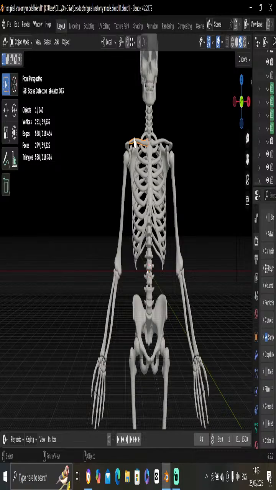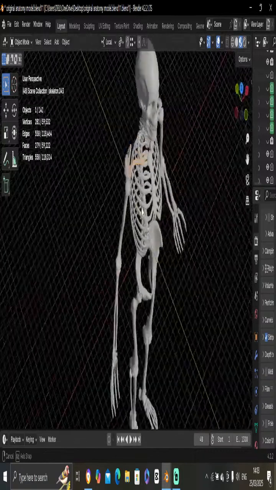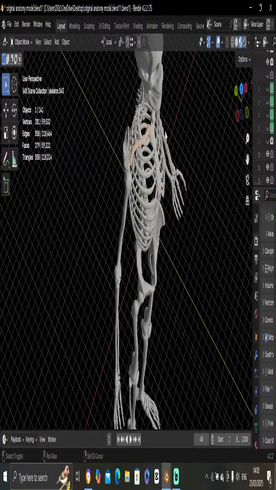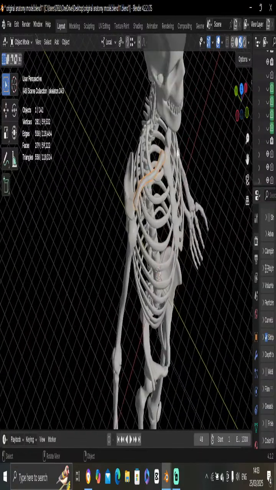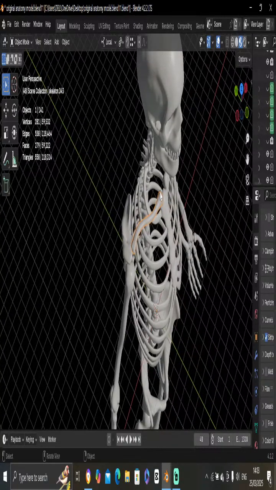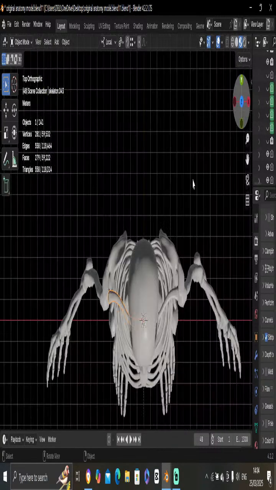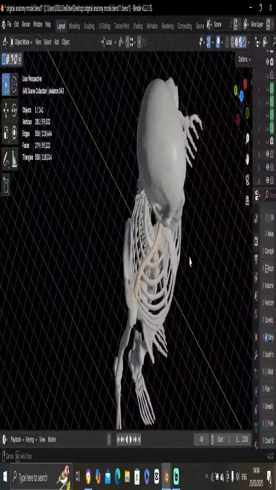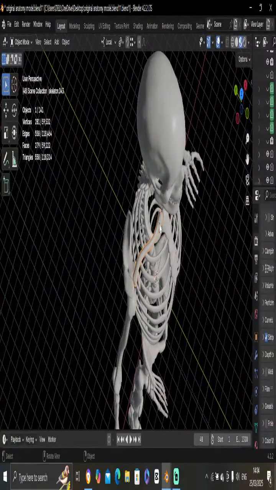Alright, so the first bone we'll talk about will be the clavicle. So this is the clavicle. If we look at the overhead view from the top, we can see this is the clavicle. The outline of the clavicle is roughly S-shaped. I hope you can see my cursor.